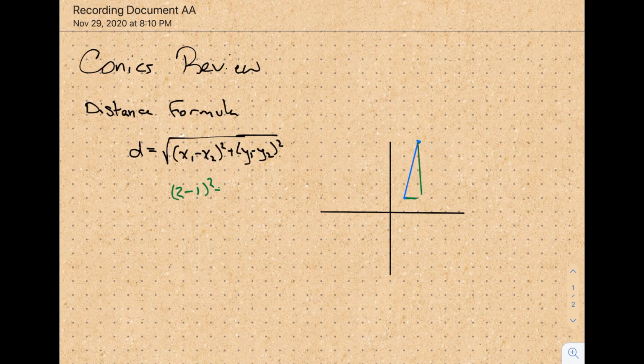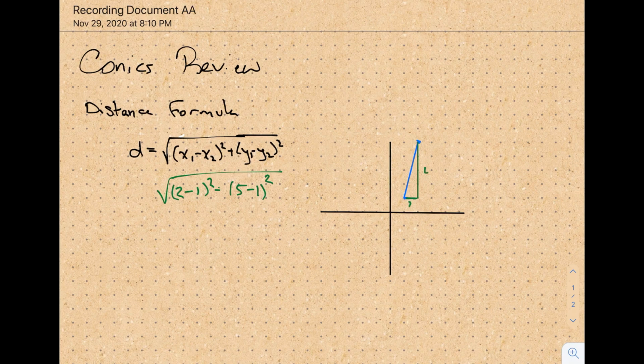And then I'll repeat for the y's, which is again just finding this distance. So we have 5 minus 1 squared. And then again, we'll take the square root of the whole thing once we've got it all figured out.